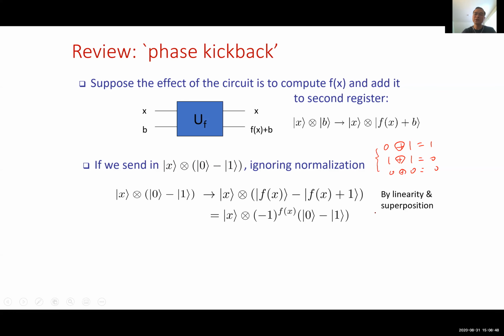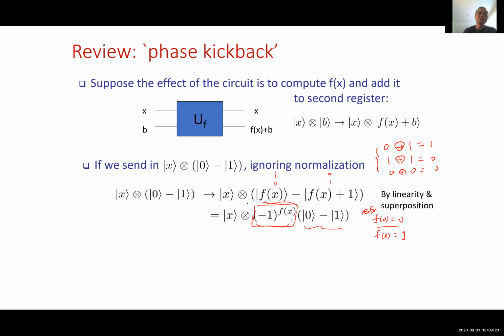You can verify yourself: if f of 0 is 0, this phase does not exist, and that's 0, 1. But if f of 0 is 1, that actually flips, so this will become 1 and 0. But 1 and 0 has the opposite sign of 0 minus 1, so it's really reflected here. So this is one example of phase kickback.